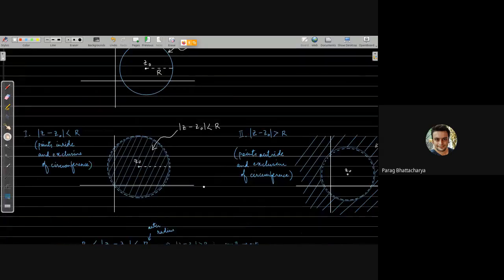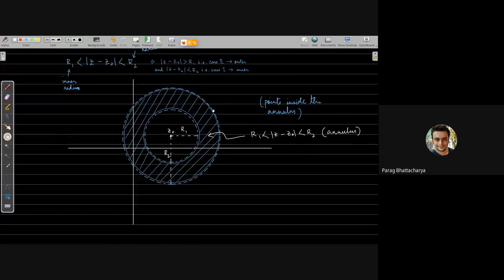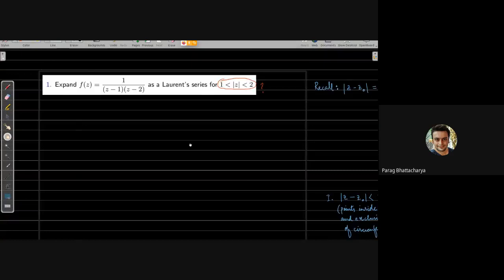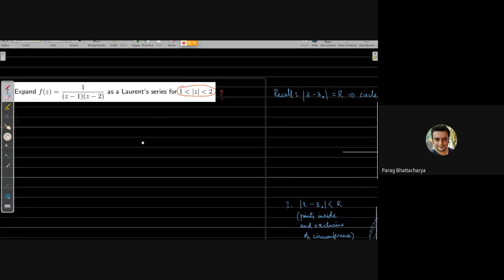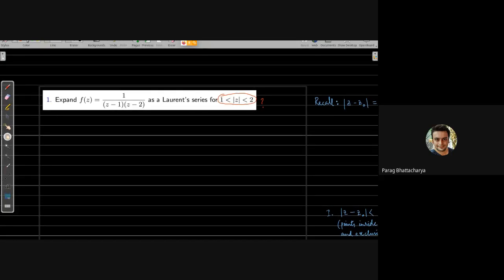What kind of region are we considering here? It's an annulus region. What is the inner radius? One. Yes. So 1 less than |z| less than 2.